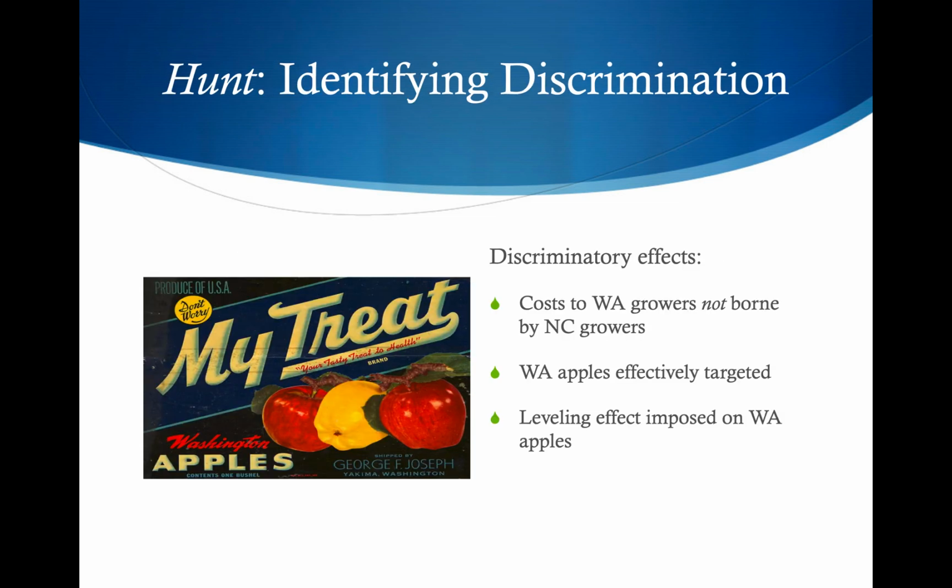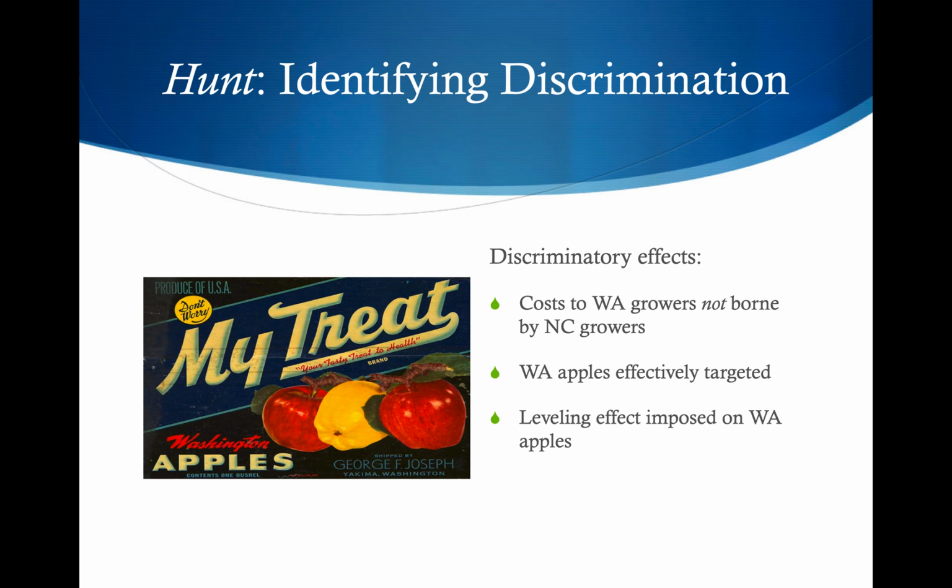Before we get to that slide, I want to show you this first full paragraph on page 360. Now, the court says that it's enough to call this statute discriminatory in effect because of these three factors. But the court says that there's also some evidence that the purpose or the motivation behind the statute was discriminatory.